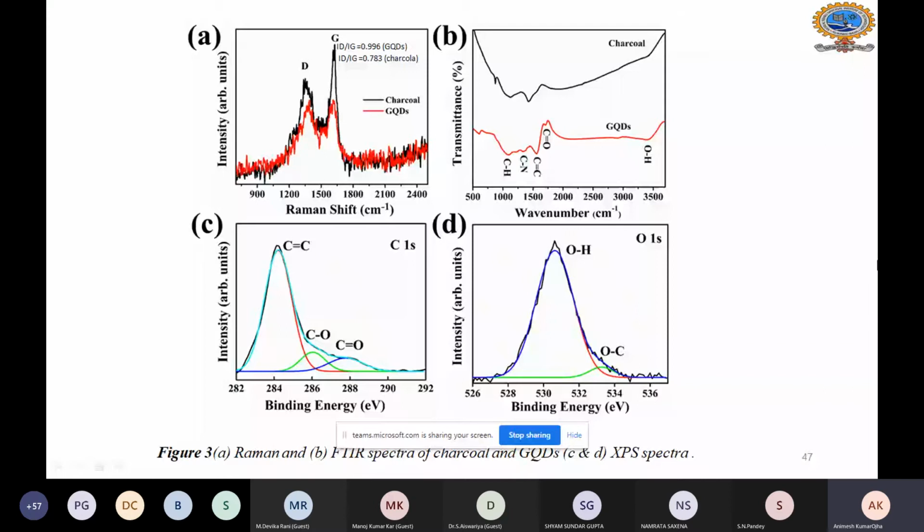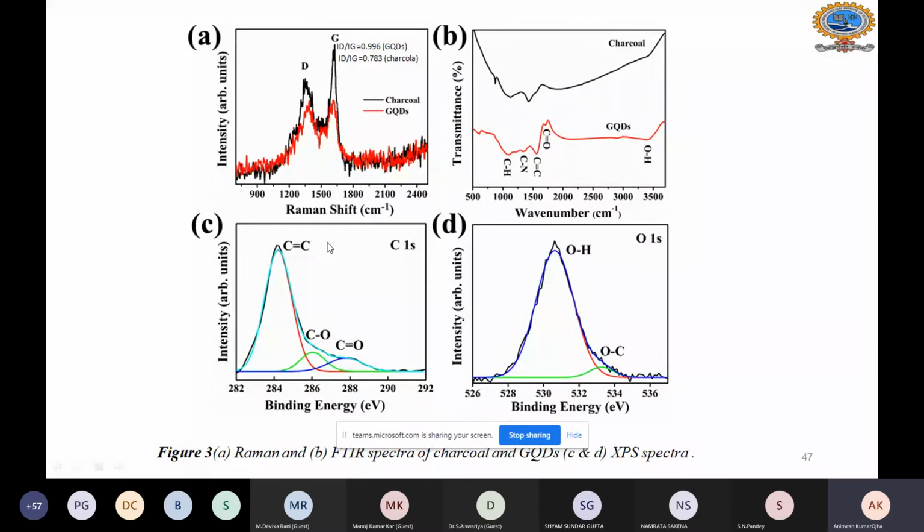In the FTIR also, one can easily see the presence of C double bond C, which reflects that the planar structure of sp2 hybridized carbon has been formed in the synthesized structure. The same thing is further confirmed by the XPS measurement, where we see the energy corresponding to C double bond C has very high intensity.